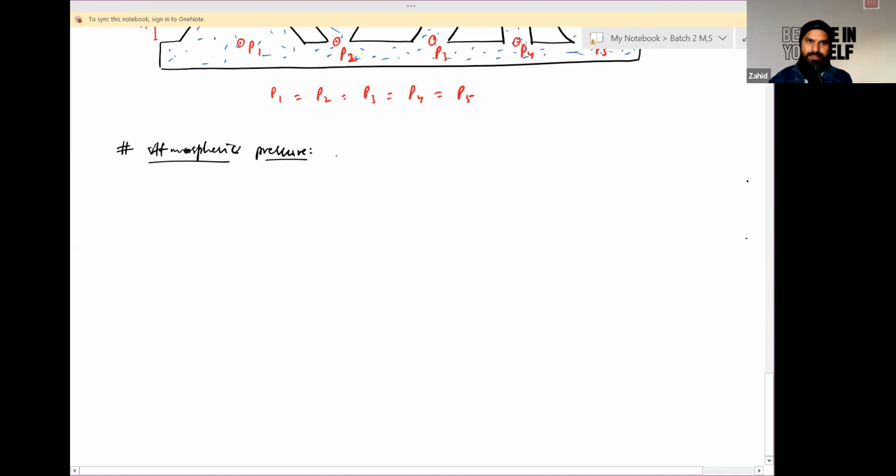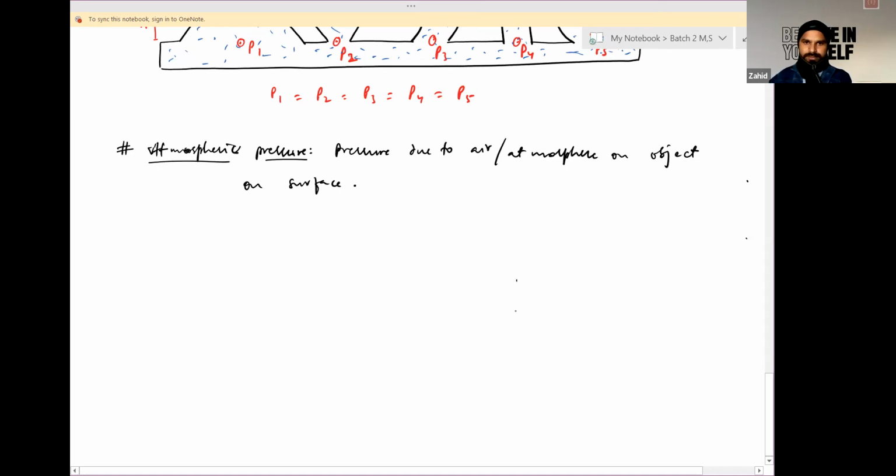So it is basically pressure due to air or atmosphere on objects on the surface. So we have to calculate its numerical value.